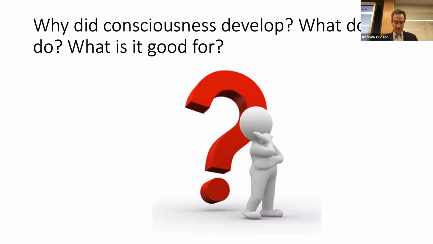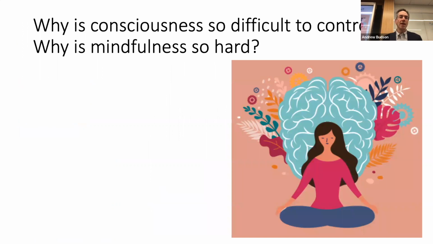So let's dive in. When you think about consciousness, some of the questions that come up are: why did it develop? What does it do? What is it good for? Another interesting thing is that it's difficult to control. Anyone who has practiced mindfulness knows it's not so easy.